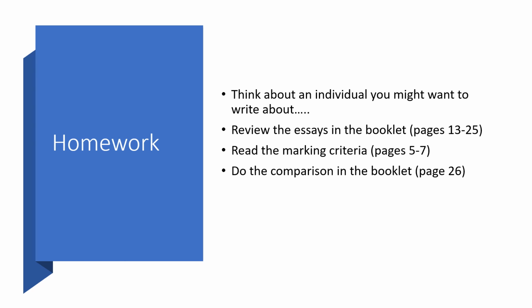That should keep you going. Now, I think the key thing at the moment is to find an individual you want to write about. So think of somebody who is important and who you're interested in and who is a little bit controversial. Next week, we will talk a bit more about who is an appropriate individual to look at.